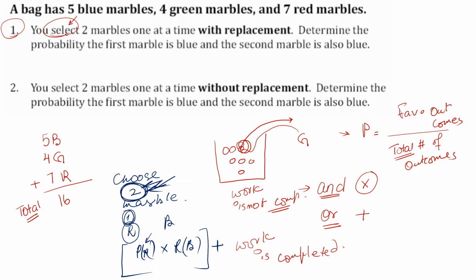Before that, between the two events while they were occurring, at that place you will put the multiplication sign. So now try to understand this question.